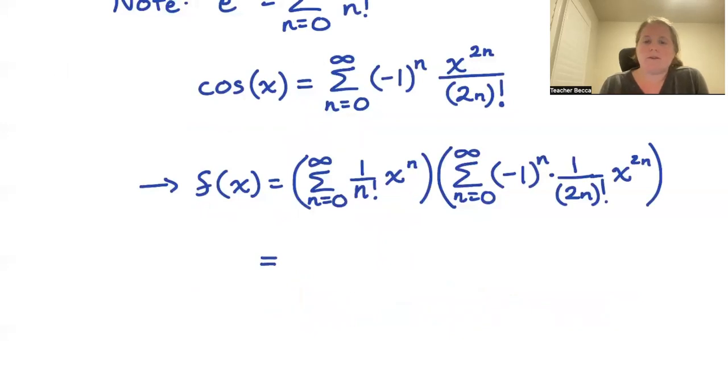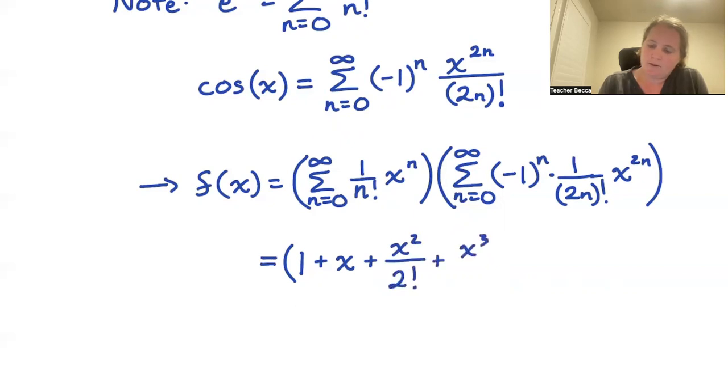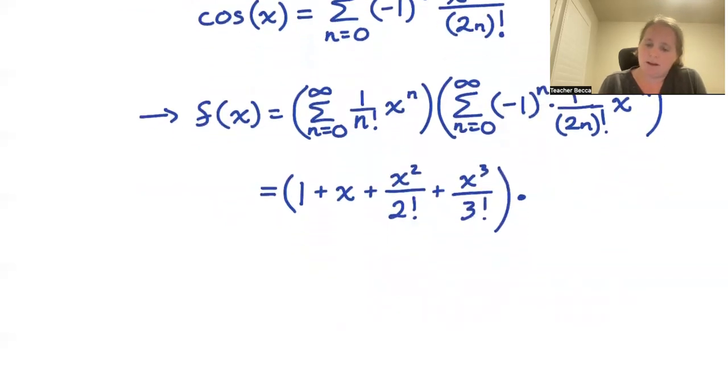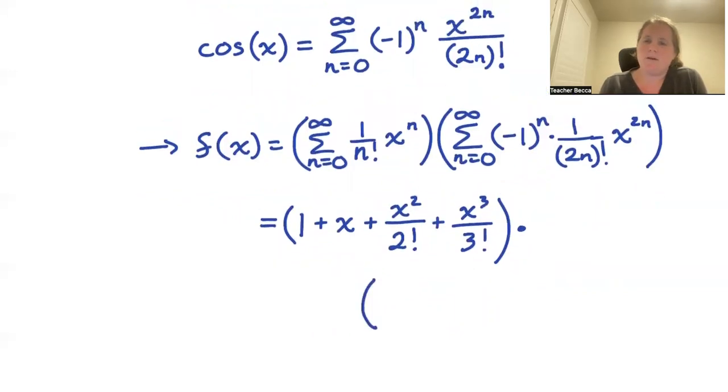So that 1 over n factorial x to the n series would be 1 for the very first term. Then for n equals 1, we just have x. Then we have plus x squared over 2 factorial plus x cubed over 3 factorial, etc. And then we are going to multiply this by our cosine series. For n equals 0, we have 1 over 0 factorial, which is just 1.